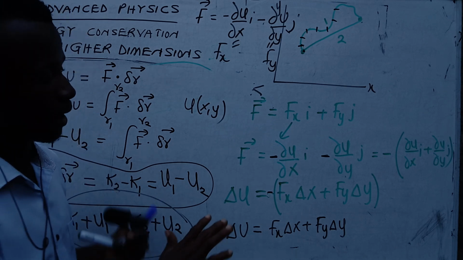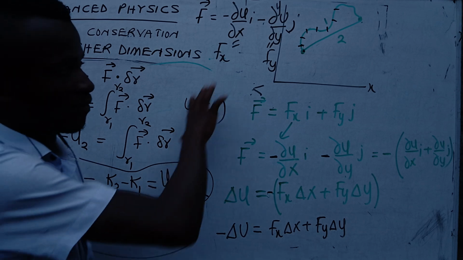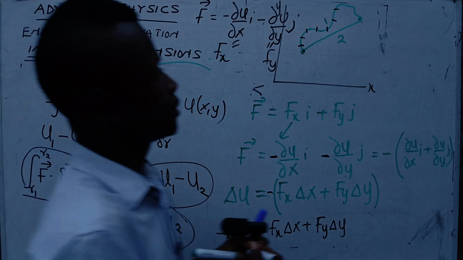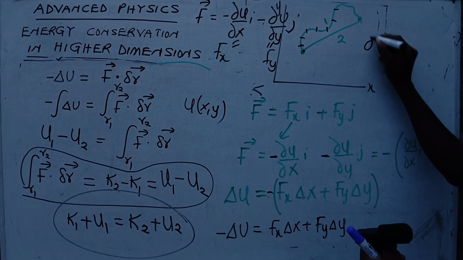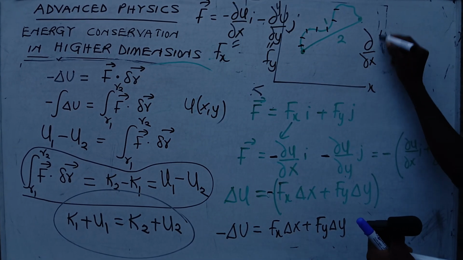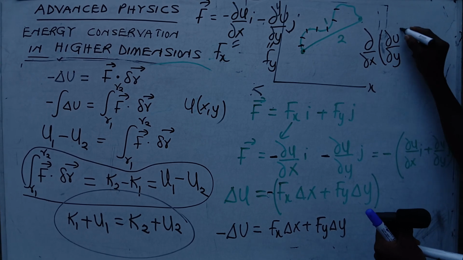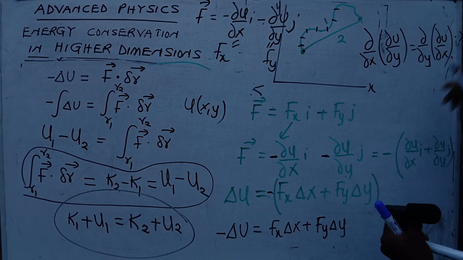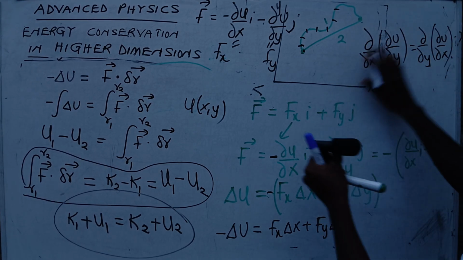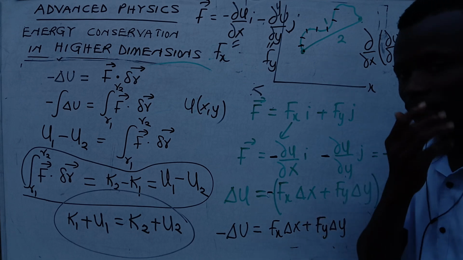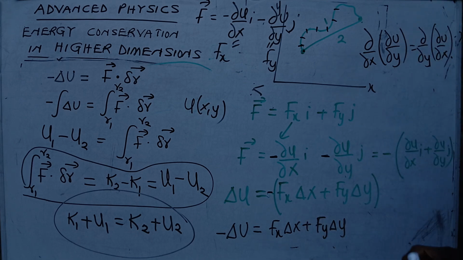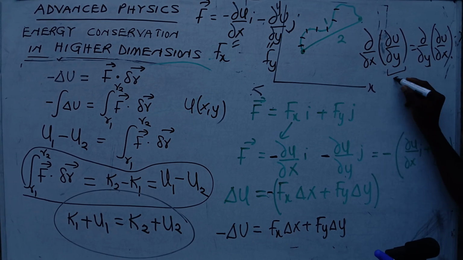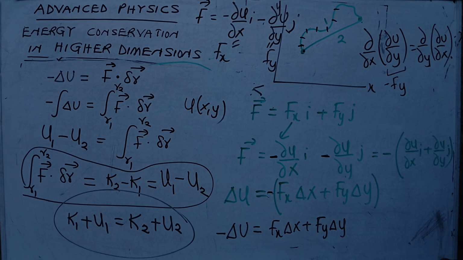Now, because it is defined from a height function, let's remember, for every height function in the 3D space, cross derivatives are equal. In other words, d/dx of du/dy is equal to d/dy of du/dx. This is for a height function in 3D space. Cross derivatives are equal. But a conservative force is defined from a change in a height function. So now let's watch out. Partial derivative of u with respect to y, we have defined that as Fy, negative by the way.